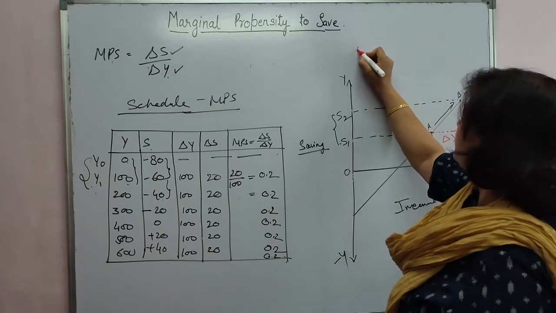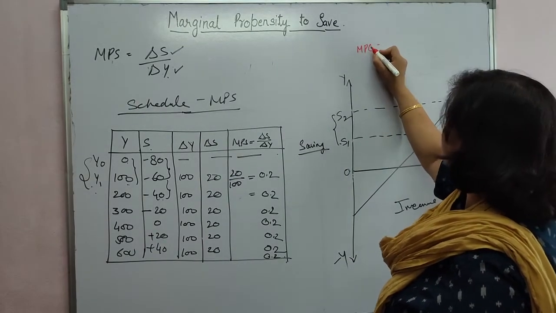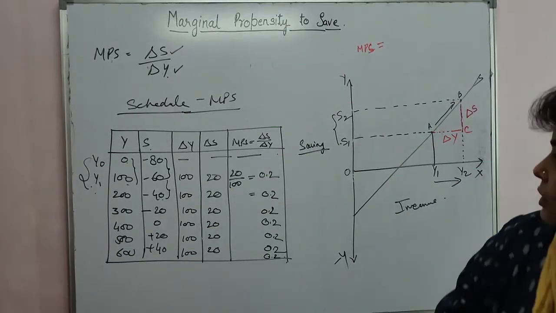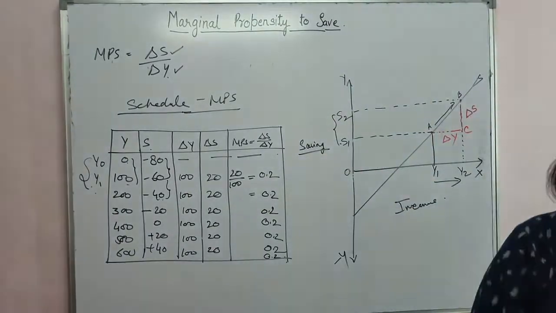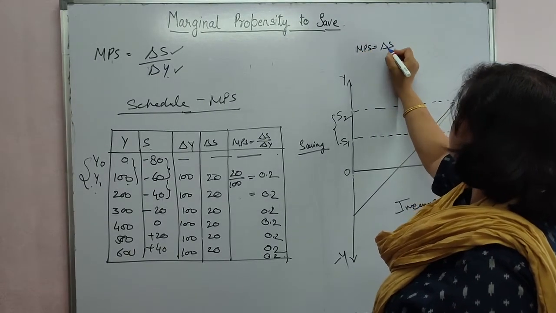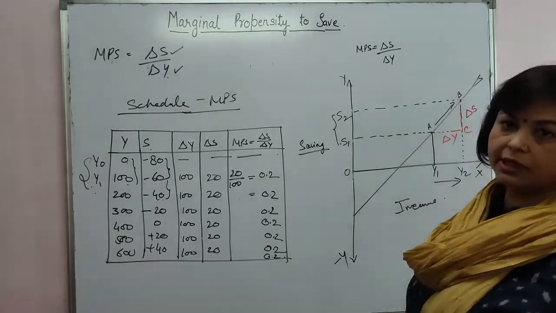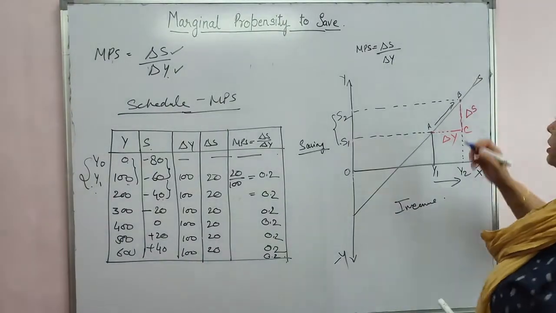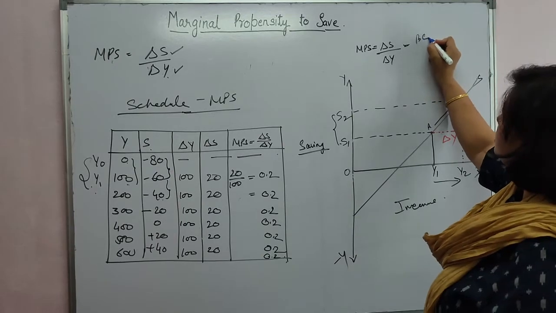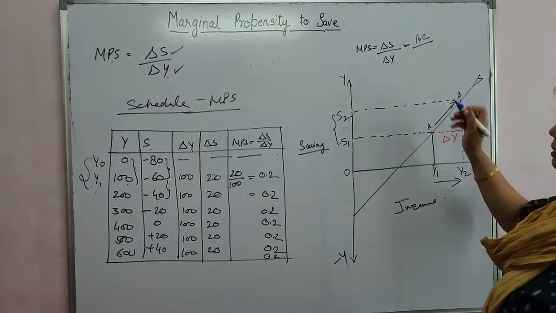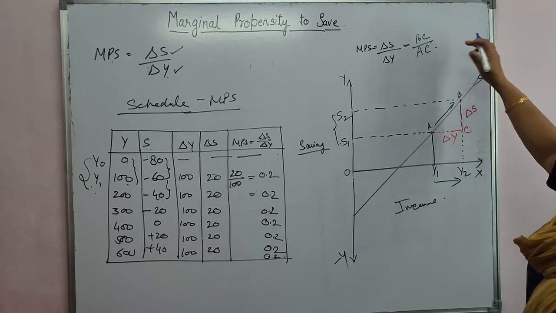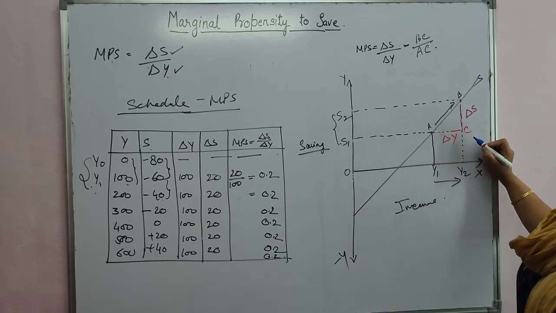So if we have to find the value of MPS on this diagram, MPS is equal to change in saving divided by change in income. We can write it delta S upon delta Y, and delta S is BC and delta Y is equal to AC. So on this diagram, MPS is equal to BC divided by AC.